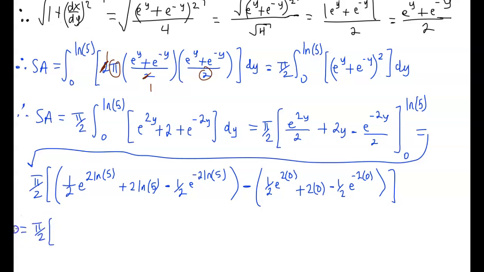So for our first term here, notice that we can use our logarithm properties to rewrite 2 times natural log of 5 as just natural log of 5 raised to the 2. So I'm just going to go ahead and write these in here. So we could rewrite 2 times natural log of 5 here as just natural log of 5 raised to the 2. And of course, 5 raised to the 2 is just 25.